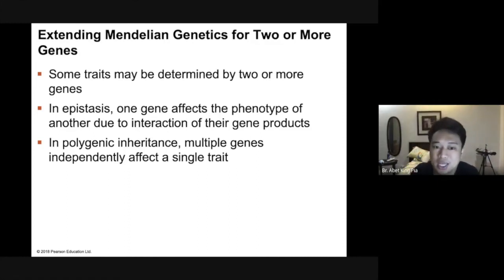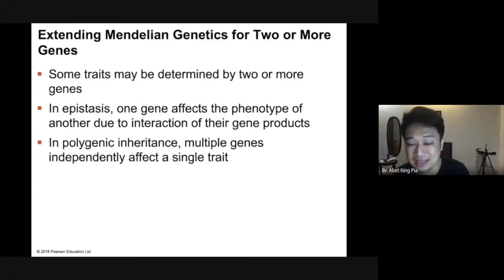So in polygenic inheritance, multiple genes independently affect a single trait naman. Epistasis, isa yung requirement na kailangan. Pag wala yung isang gene, hindi mag-manifest yung mismong trait or yung phenotype. Remember, the difference between epistasis and polygenic inheritance.